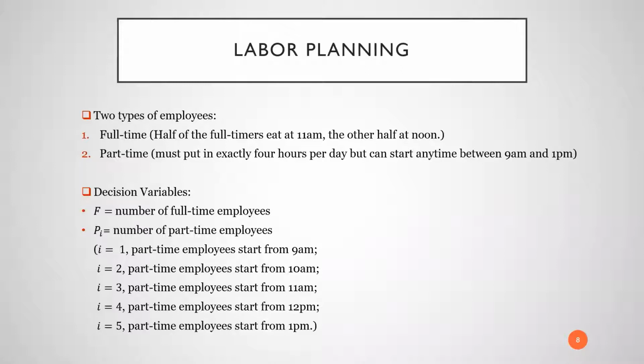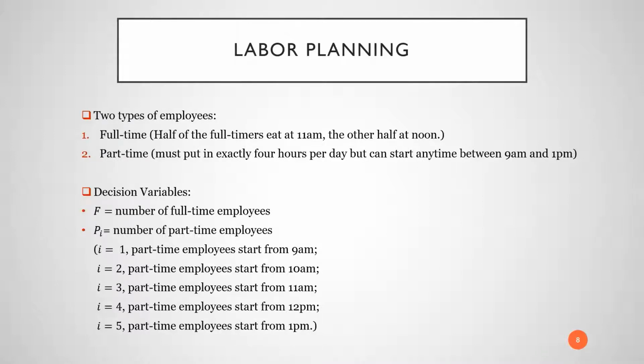Half of the full-timers eat at 11 and the other half, they eat at noon. So each of them has 1 hour lunchtime and they're not available in that period.